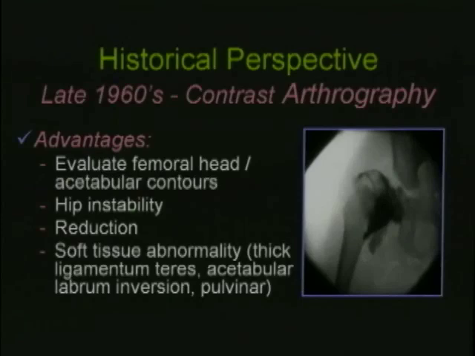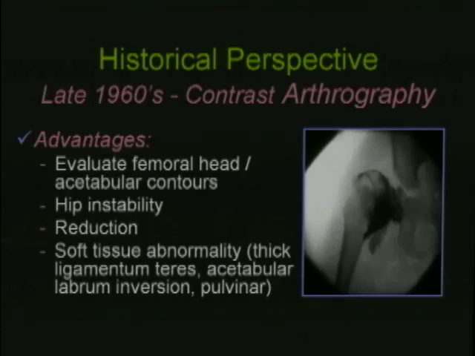Well, moving on in history, by the 1960s, contrast arthrography became part of the imaging armamentarium, and it really was helpful to be able to evaluate the femoral head and to look at the acetabular contours. Under fluoro, it was possible to see whether the hip was unstable, and also to try to do a reduction maneuver under fluoro, and if indicated, the patient could be placed into a spica cast.